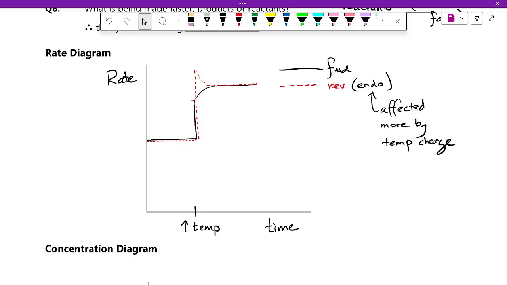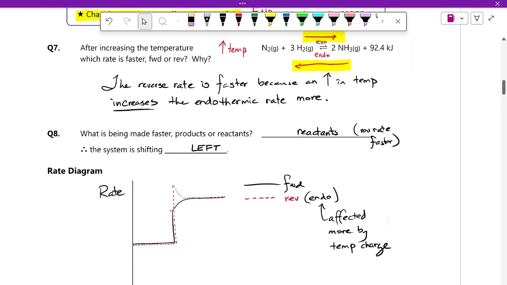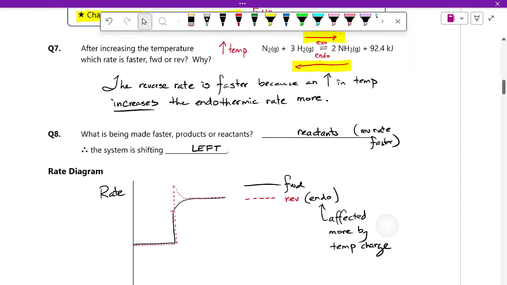Concentration diagram. What chemicals do we have? We have N2, H2, and NH3.